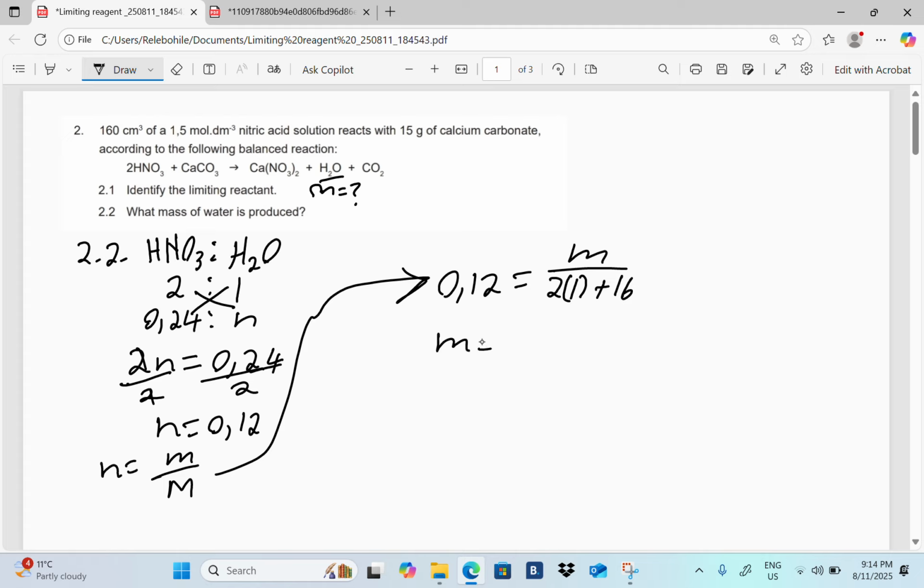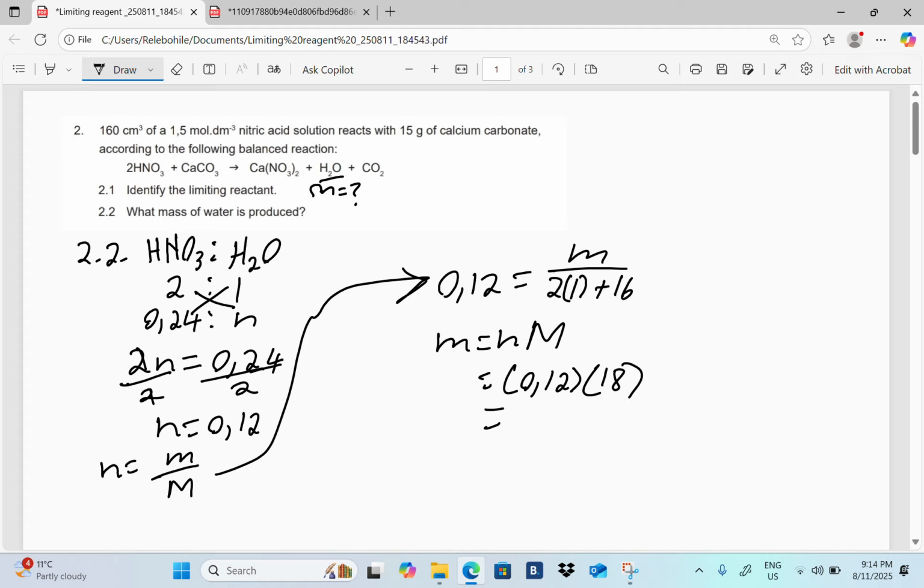So the mass of water will be the number of moles multiplied by the molar mass. The number of moles is 0.12, and the molar mass is this one here. 2 times 1 is 2, and 2 plus 16 is 18. Then I multiply these two values together: 0.12 multiplied by 18.